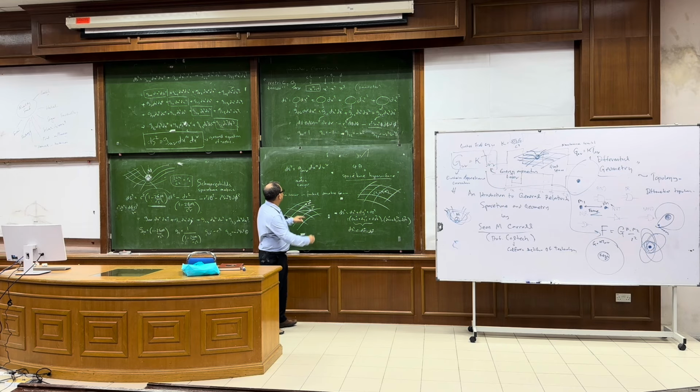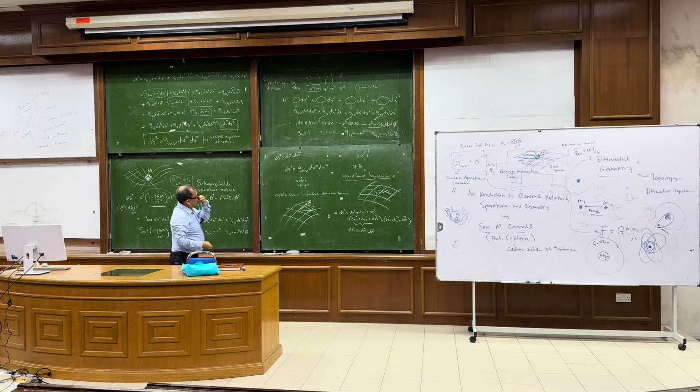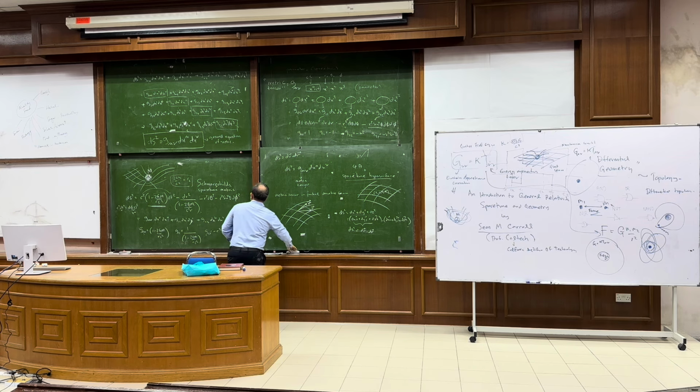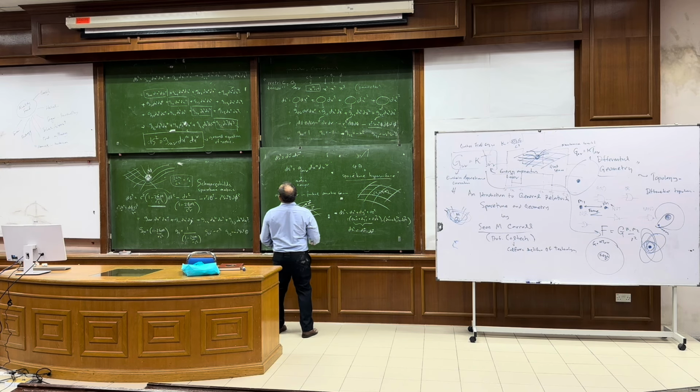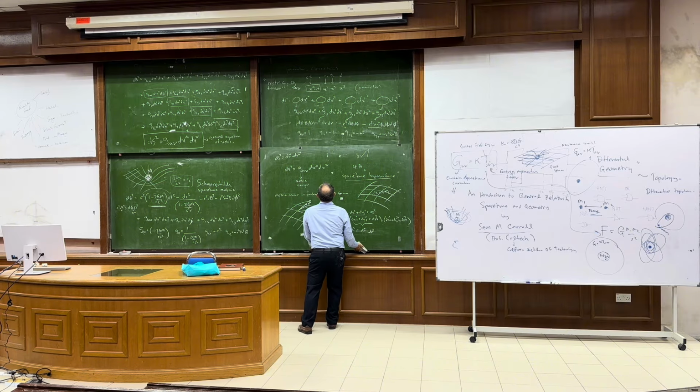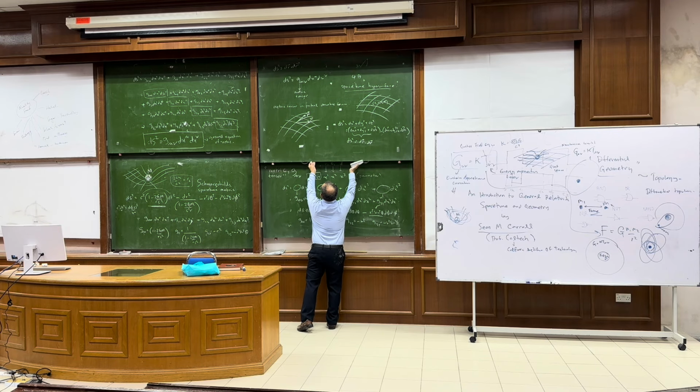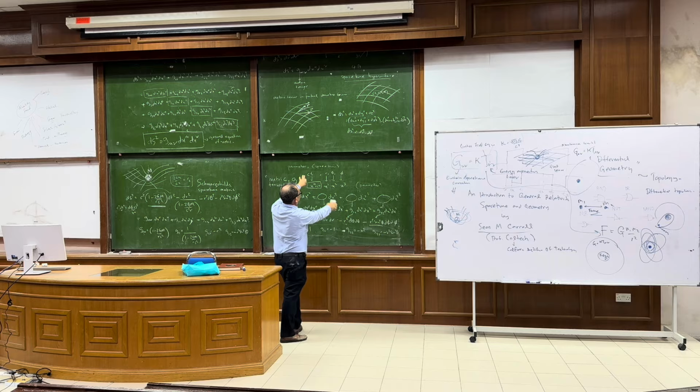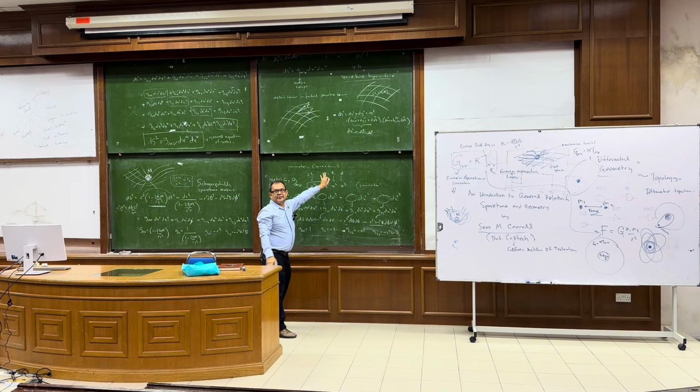So we can say ds square is dr dot product dr. Okay, I erase this one.